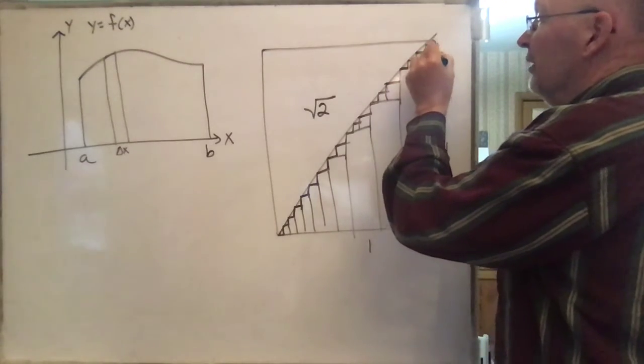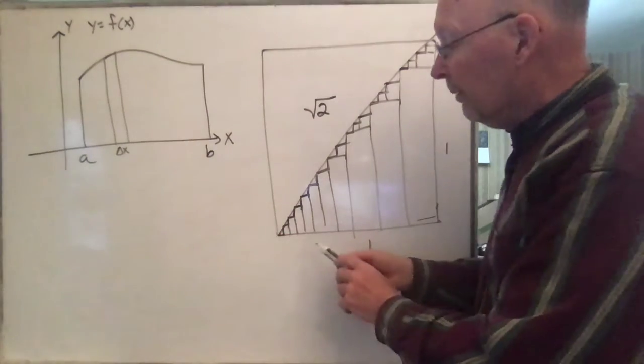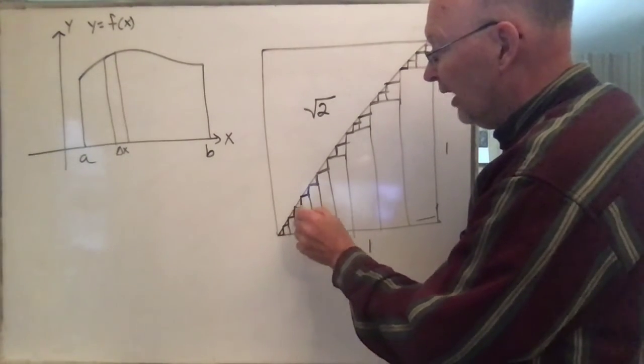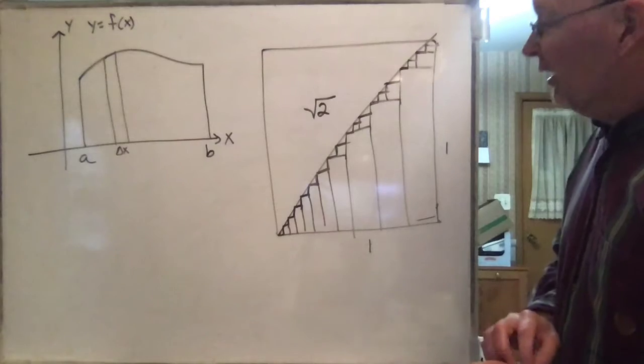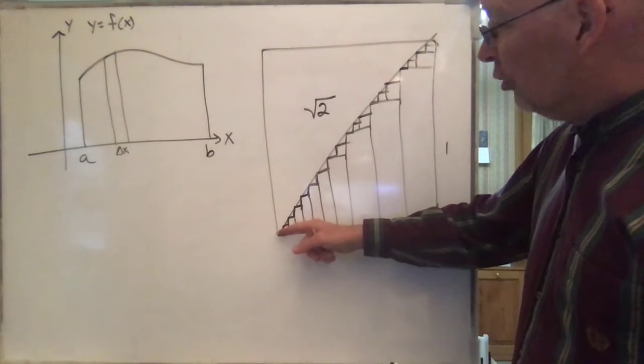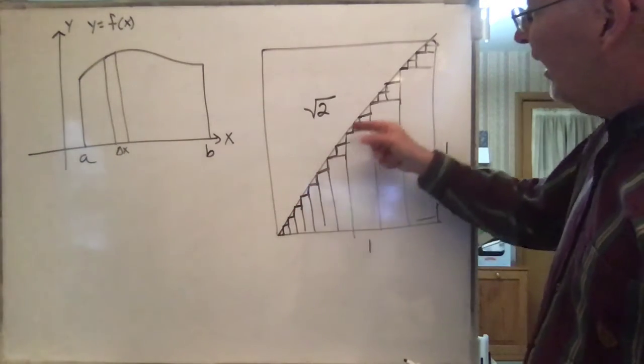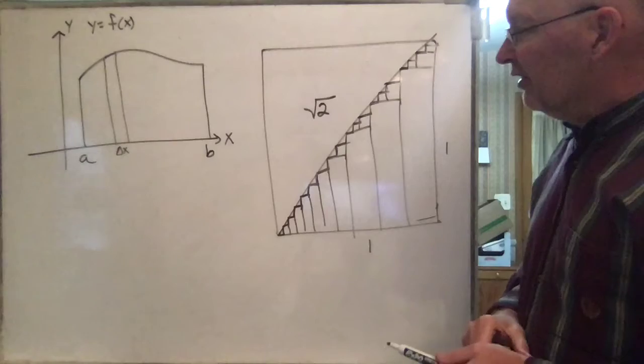What's going to happen in the limit as I keep making smaller and smaller little jagged edges there? Well, look at it. It doesn't matter. No matter how close these little jagged edges get to this diagonal line, what's the distance that I'm going?